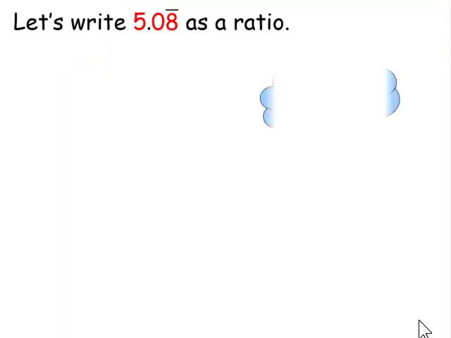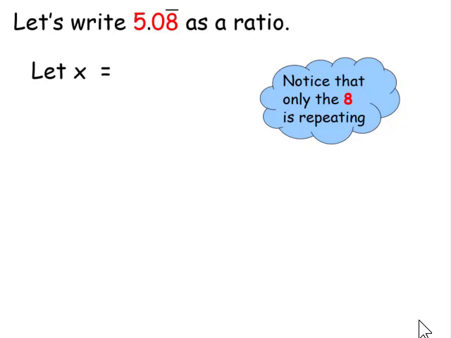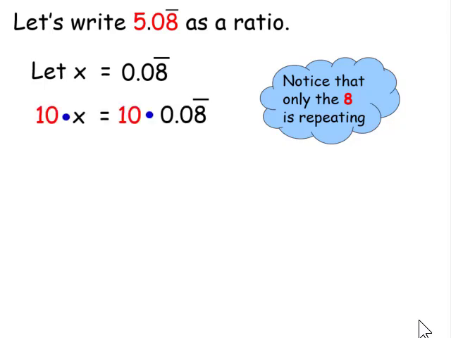Another way of looking at this is to simply let x equal the part and not the whole portion, just the part. Multiply both sides by 10 since the 8 is the only number being repeated. 10x is equal to 0.8 bar.